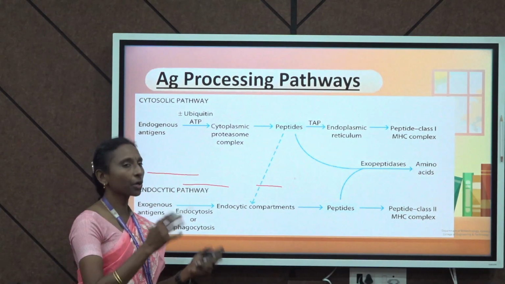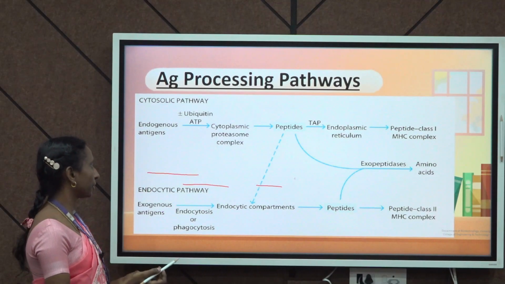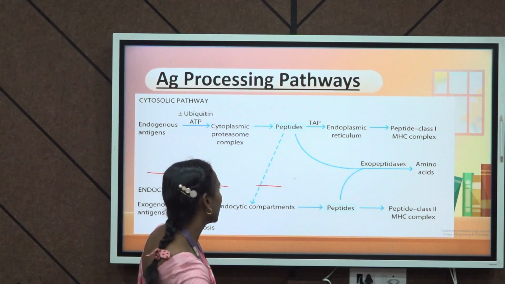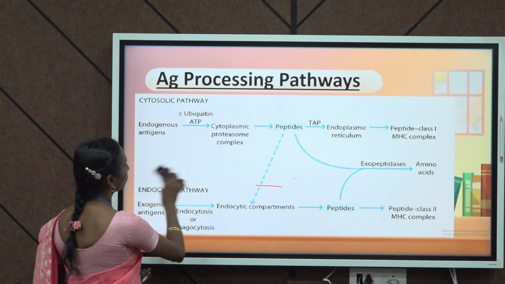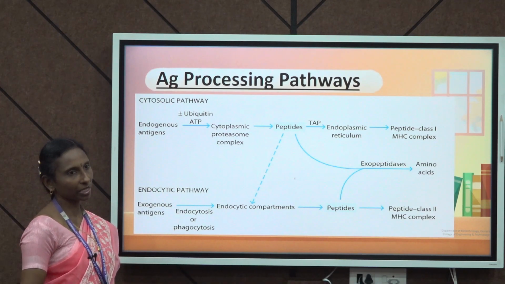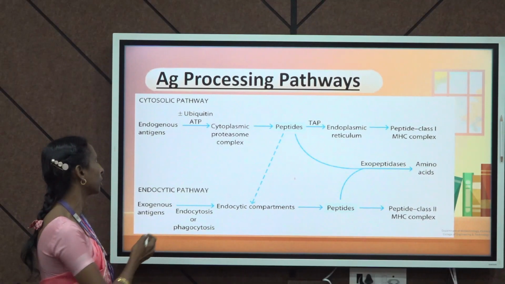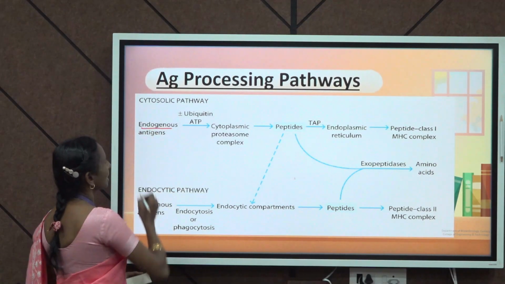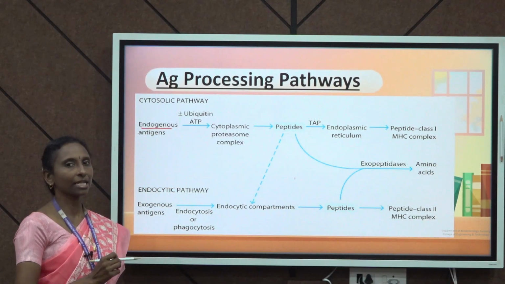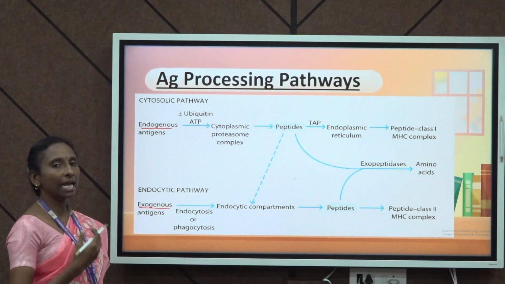So antigen processing overall can be classified into two pathways: the cytosolic pathway and the endocytic pathway. These two pathways are categorized based on the type of antigen involved. If it is an endogenous antigen, we call that the cytosolic pathway, and if it is an exogenous antigen, we call that the endocytic pathway.